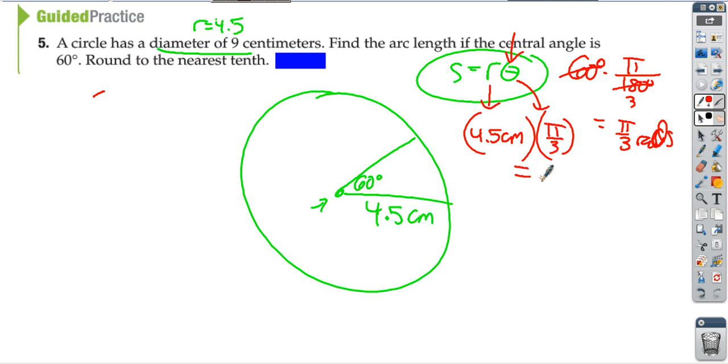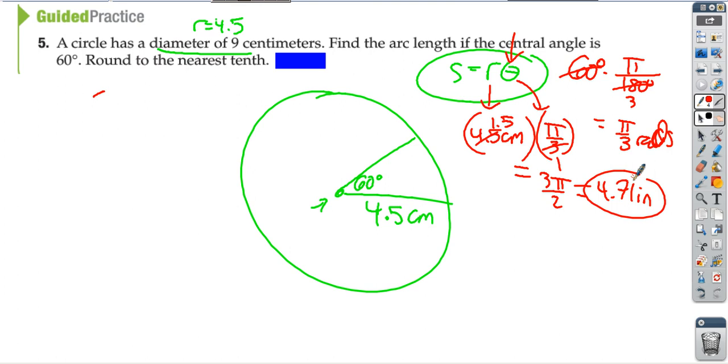So you multiply those together, and that becomes 1.5. 3 goes into that 1.5 times. That's the same as 3 pi over 2, and they tell us to round to the nearest tenth. So I think that's roughly 4.71 when you round it, because pi is 3.14, so 3 times 3.14, yeah, I think that's 4.71.